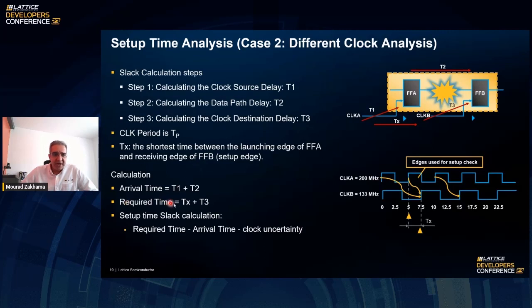And the required time, instead of being the period, is Tx, which is the shortest distance from one clock edge to the receiving clock edge, plus T3, which is the time it takes for the clock to get to flip-flop B. Then we do the same calculation: required time minus arrival time, minus clock uncertainty, to get the slack of the setup time.